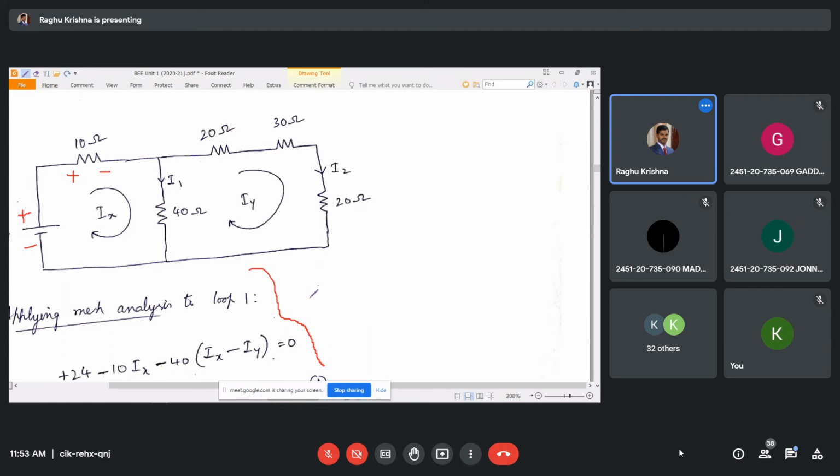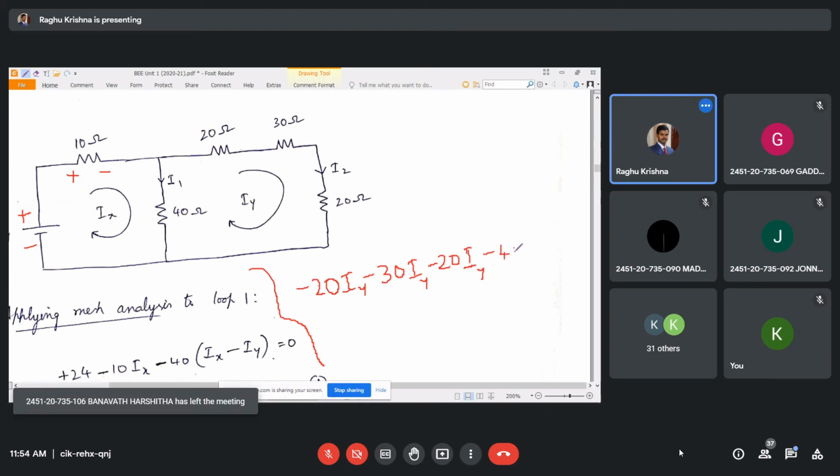Minus 20 into Iy. Minus 20 Iy, minus 30 Iy, minus 20 Iy. Next, minus 40 into (Iy minus Ix).